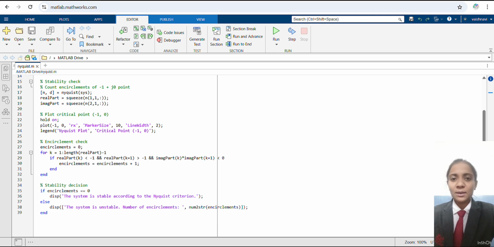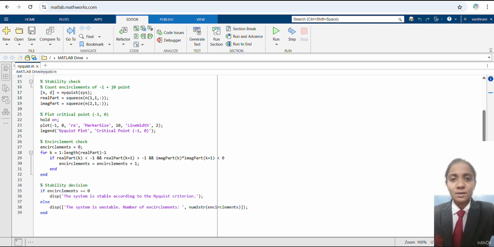First, whether the real part of the curve crosses the vertical line at -1, meaning the real value goes from less than -1 to greater than -1, and second, whether the imaginary parts of these points have opposite signs, indicating that the curve crosses the real axis. When both conditions are satisfied, it is considered one encirclement and the encirclement counter is increased.